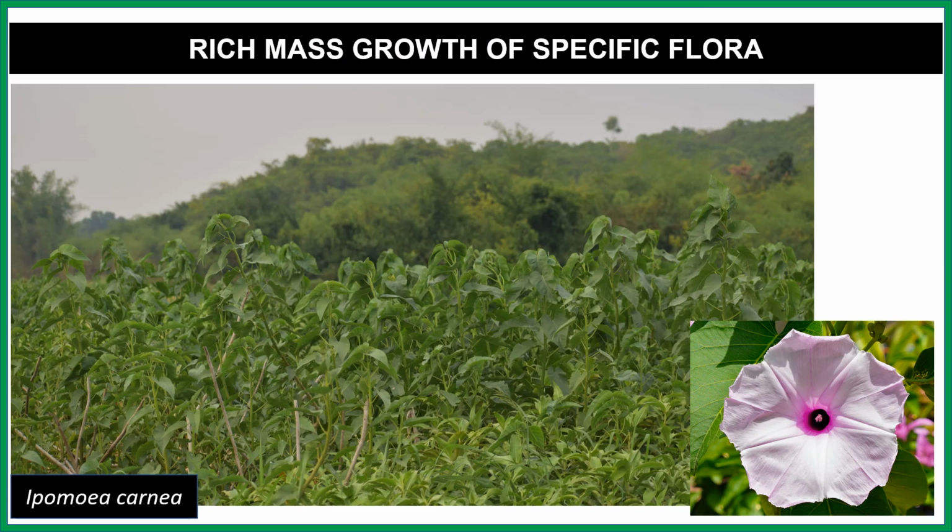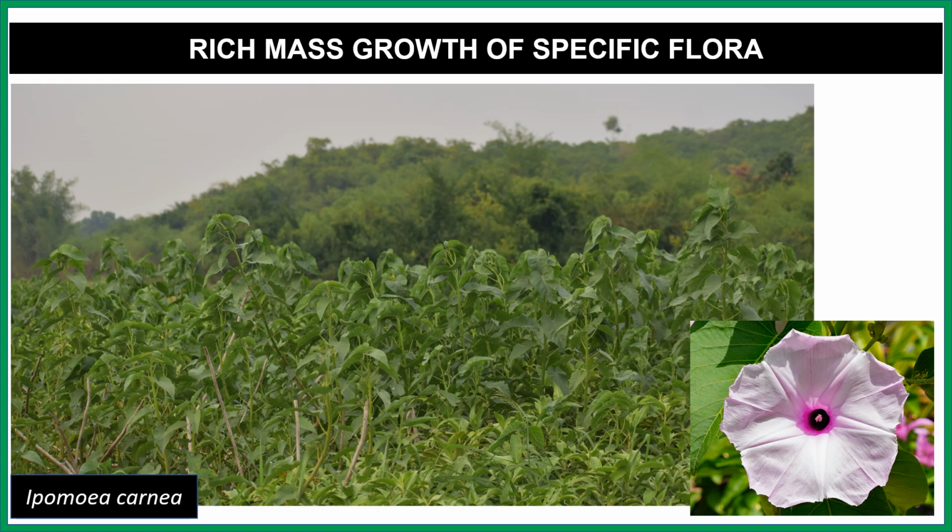Again, there are so many plant species which grow in mass in such habitats, near the lakes and wetlands. One of these plants is Ipomoea carnea.